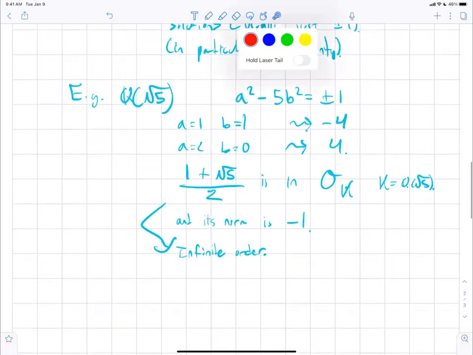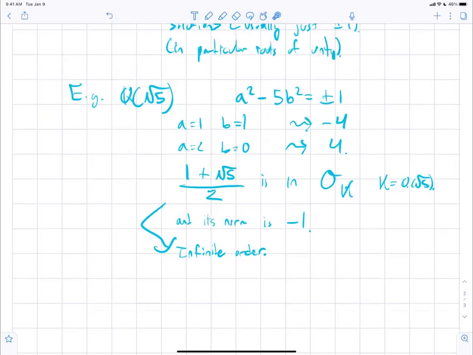On the other hand, you can think of this as a real number, thinking of the square root of 5 as the positive real square root of 5. Then this number is bigger than 1. Or is it? Is this bigger than 1?